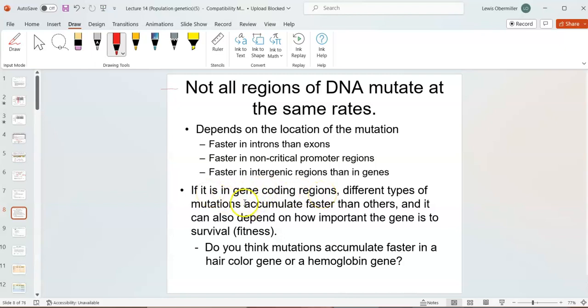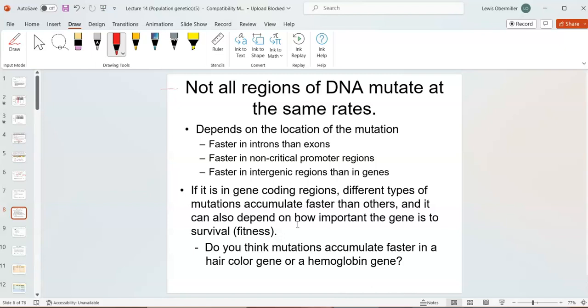Even if it isn't a region that codes for a gene, we talked about this, we can have different kinds of mutations. Some mutations accumulate faster than others, like the third position, and it can depend on how important that gene might be, right? So if you were going to look at something like hemoglobin versus hair color, what do you think is going to be more conserved?